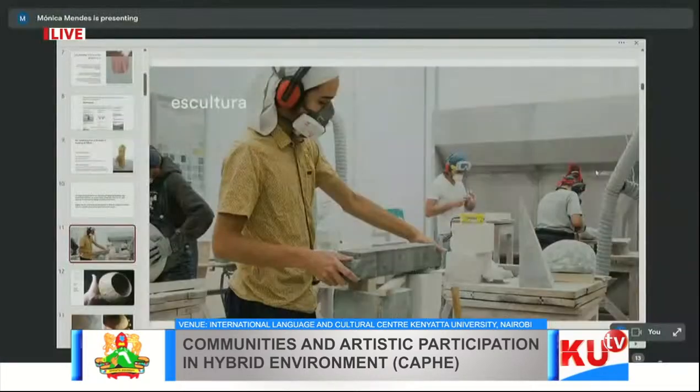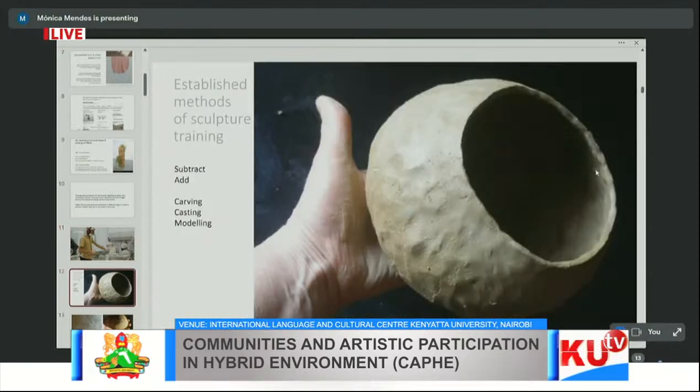So digital devices and media are really present in different stages of the process, whether visible or not. And we can say that in sculpture, we have an established set of methods and rules. That can be the subtractive and the additive technique, and also some methods of carving, casting, and modeling.